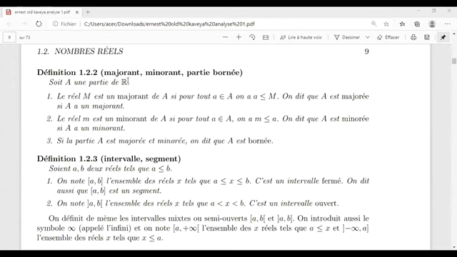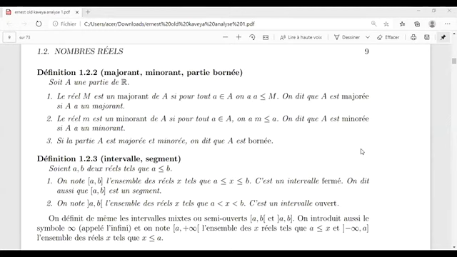Lawrence, what is majorant? Okay, Lawrence is not here. Jabez, what is majorant? Maybe upper limit.